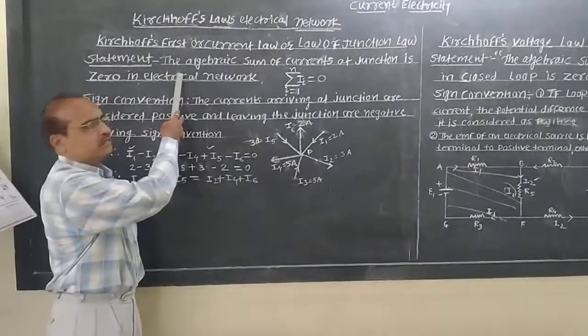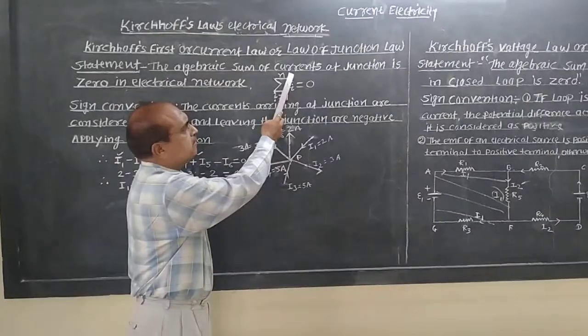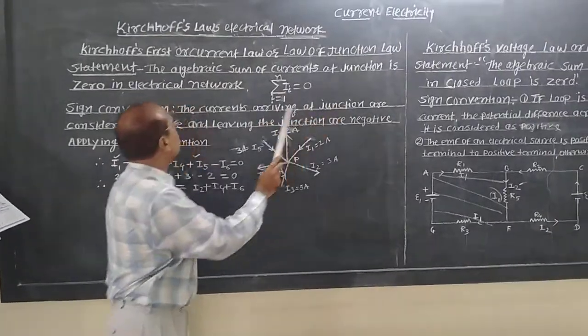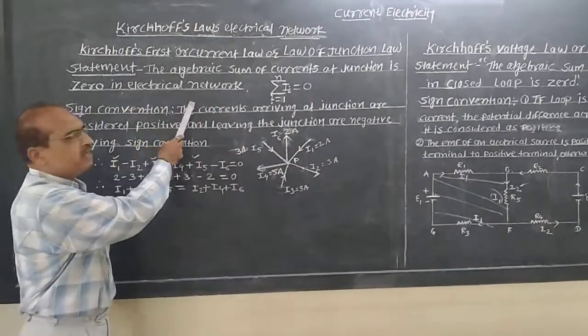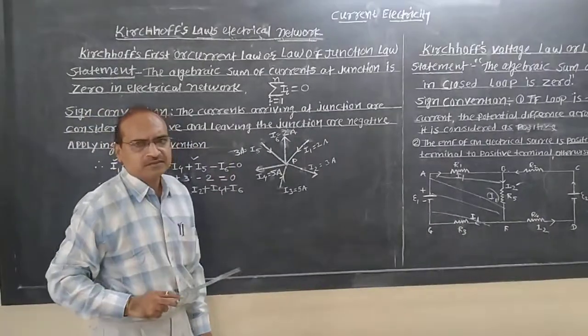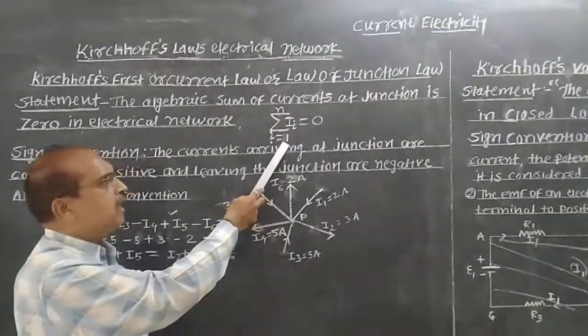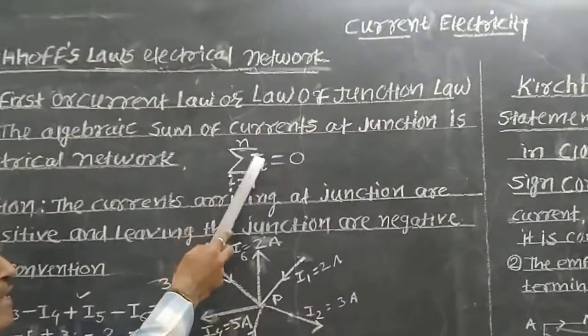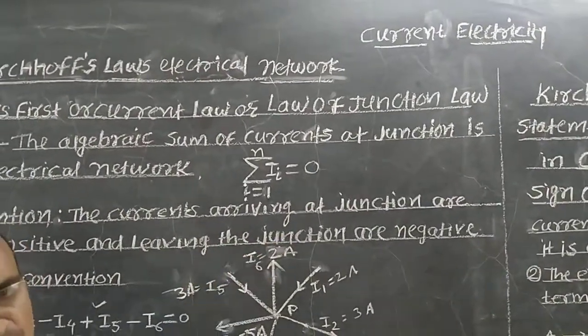Now, in this statement, the algebraic sum of currents at a junction in an electrical network is 0. That means the summation of I, from i equal to 1 to n, equals 0.